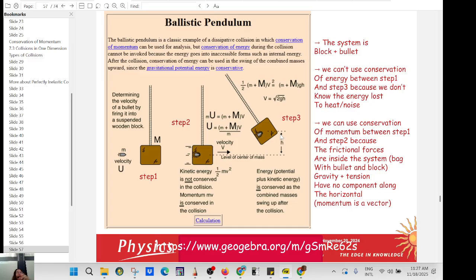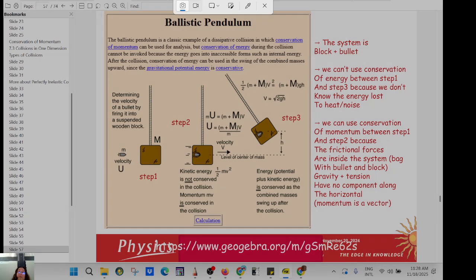So we're going to work backward, starting from mgh equals the kinetic energy, and then we use conservation of momentum to find the speed of the bullet. That's the main goal, and that's how it was done before high-speed photography.